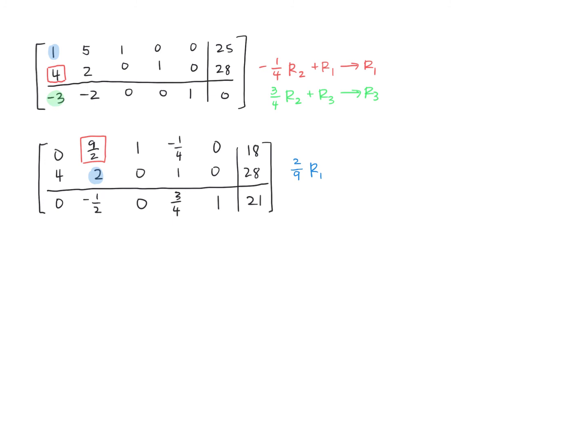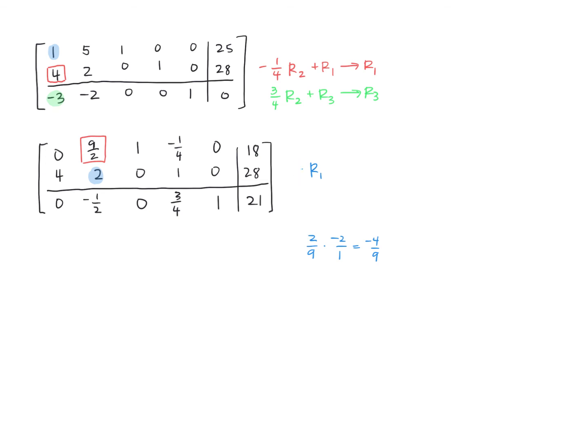But then I need to multiply by the opposite of whatever's there. So multiply by -2. So if I'm multiplying by the reciprocal and I'm multiplying by -2, I'm really multiplying by -4/9.